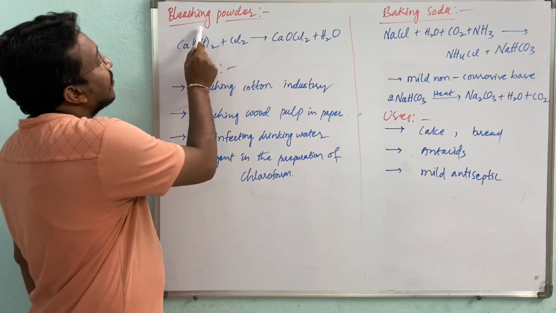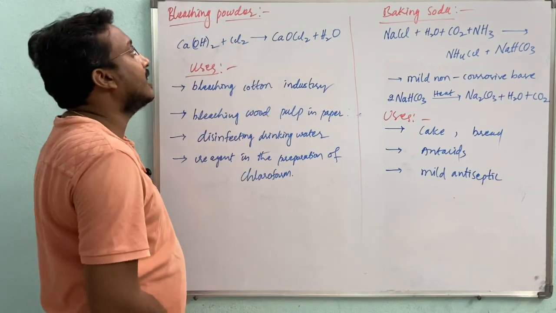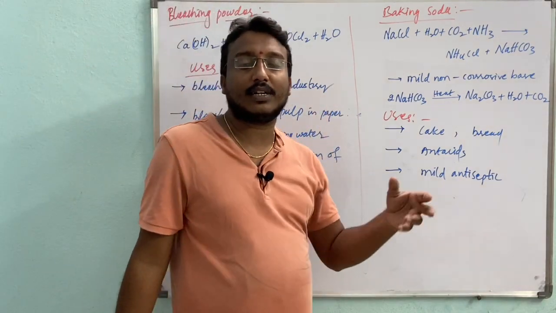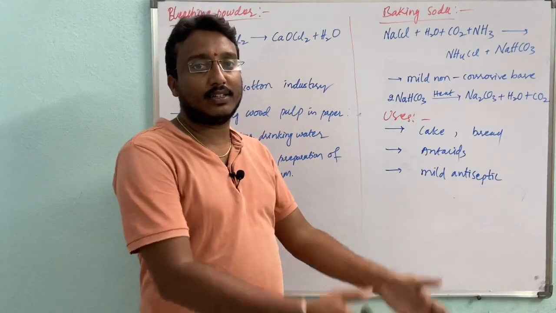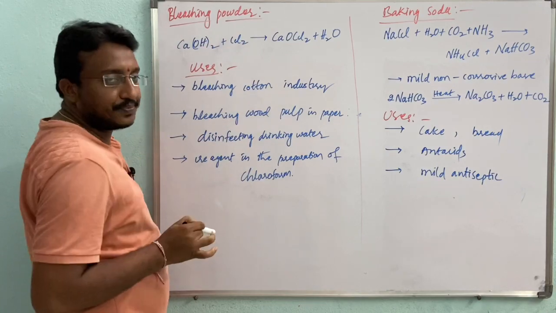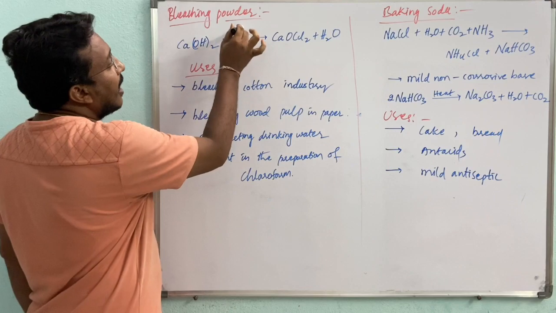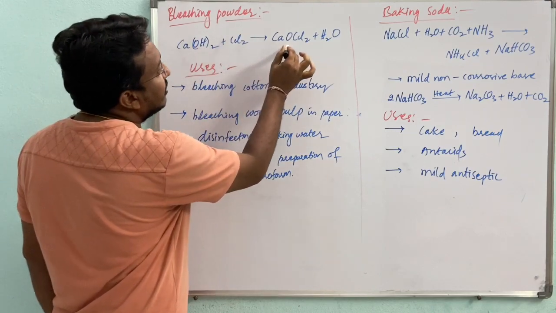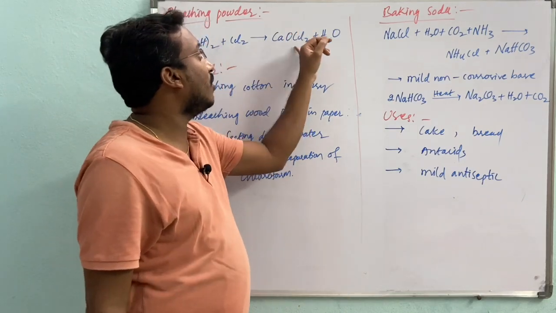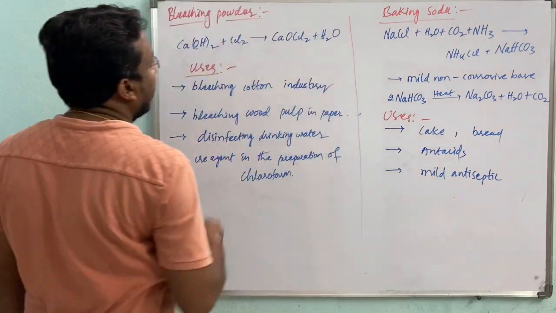Bleaching powder can be prepared. In our last discussion, when electricity is passed through the sodium chloride brine solution, it gave sodium hydroxide and chlorine gas. That chlorine gas we are going to use here. The reaction between lime and chlorine gas gives bleaching powder, CaOCl2 and water.